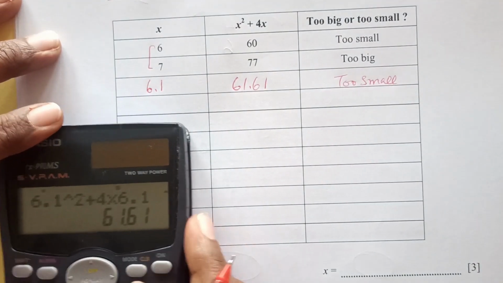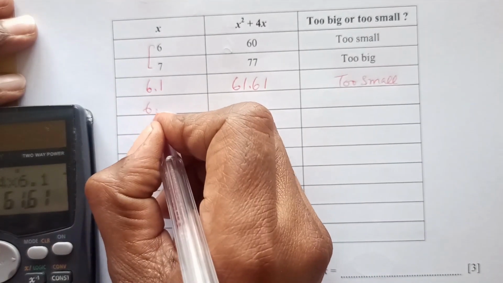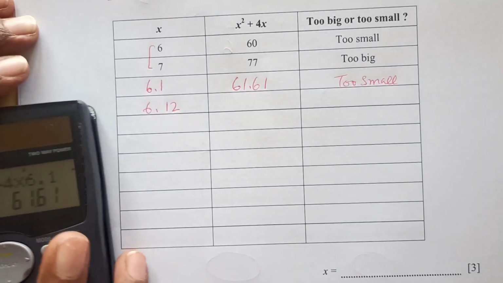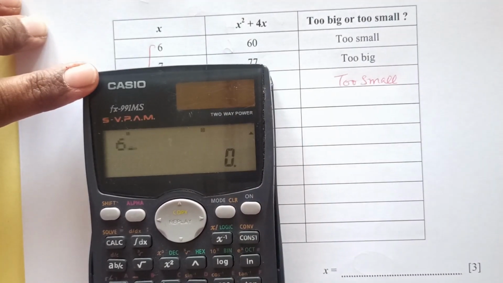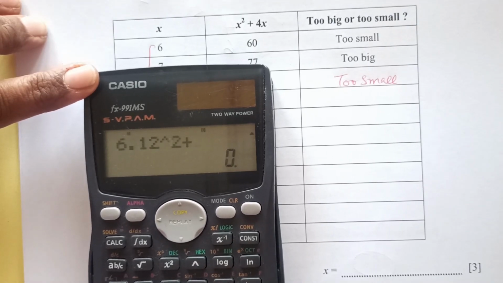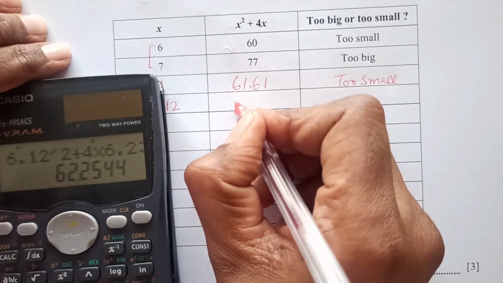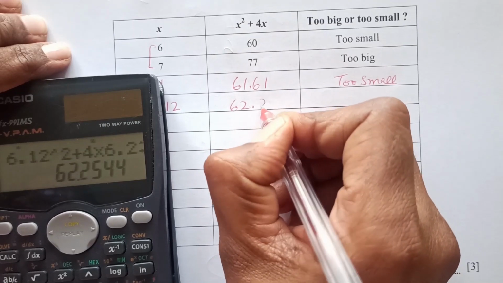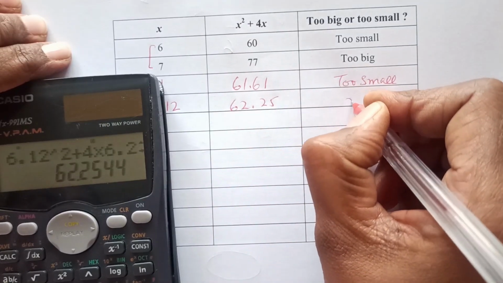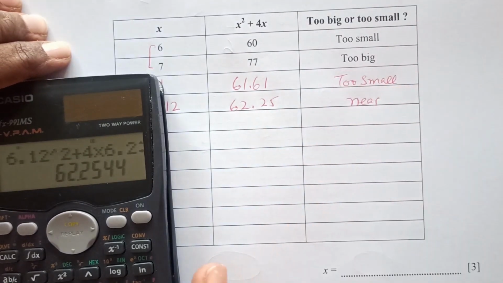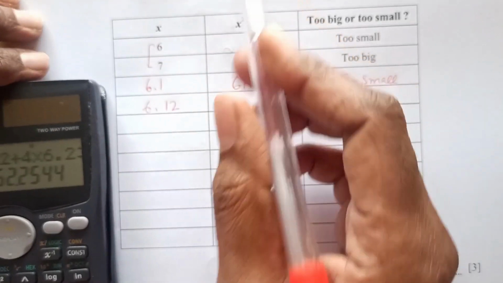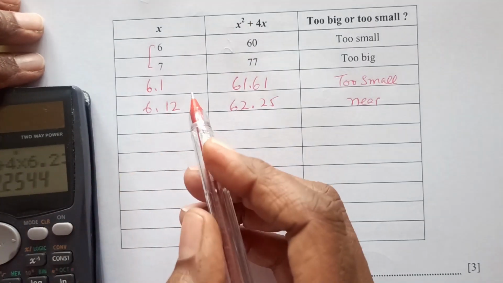Then we can try another number. Let's say 6.12. 6.12 squared plus 4 times 6.12 is 62.25, which is, we can say, nearer. I'm just replacing the value of x by this, right?